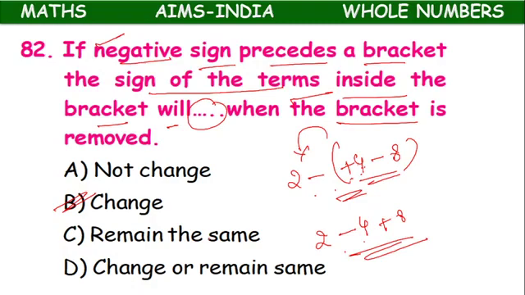Or sometimes, is there any other possibility? 2 minus of 4 into 8. 2 minus 4 8s, 32. Here also, 2 minus 32. Symbol will change.